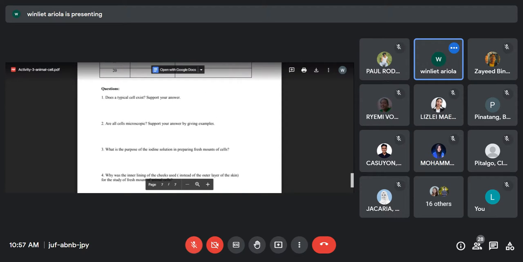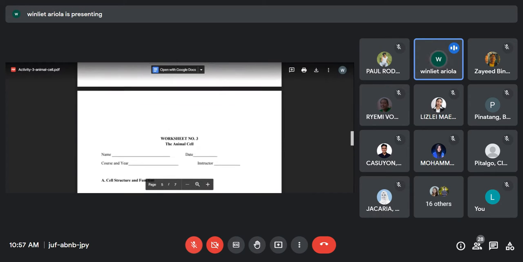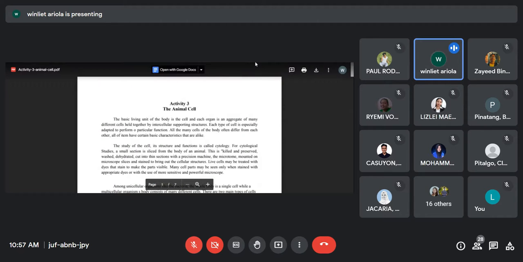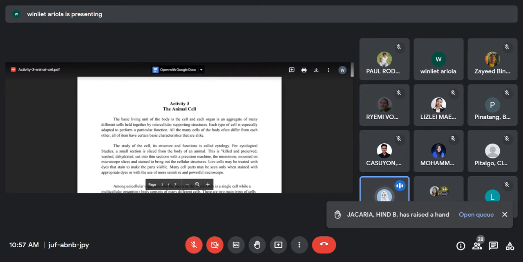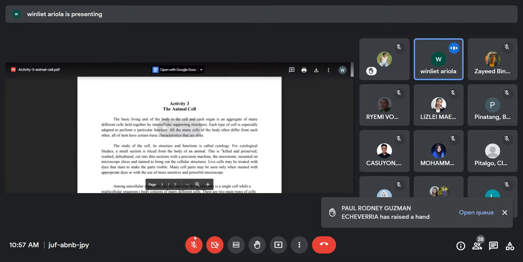Okay, so this one. What's the difference between frogs RBC and humans RBC? I bet na-discuss yan last time ng reporters. Yes, Jakaria. Yung human RBC po, carry more oxygen than the frogs. Yes, it carries more oxygen than the frogs. Anong wala ang human RBC na meron ang frog?